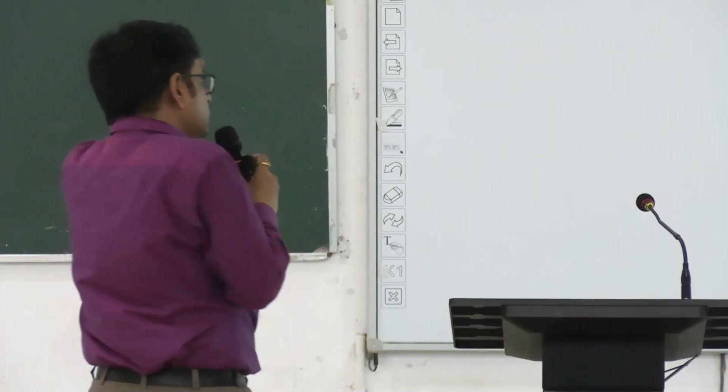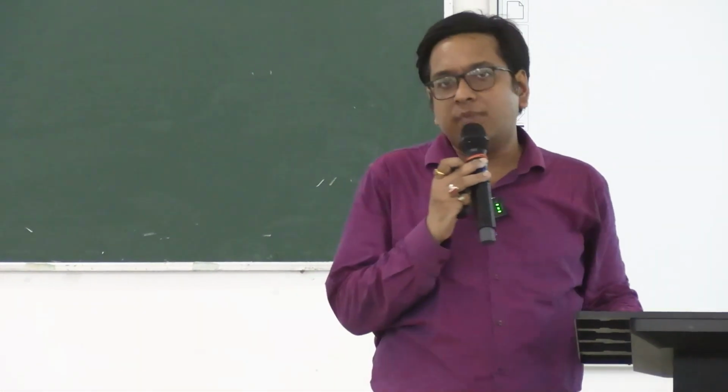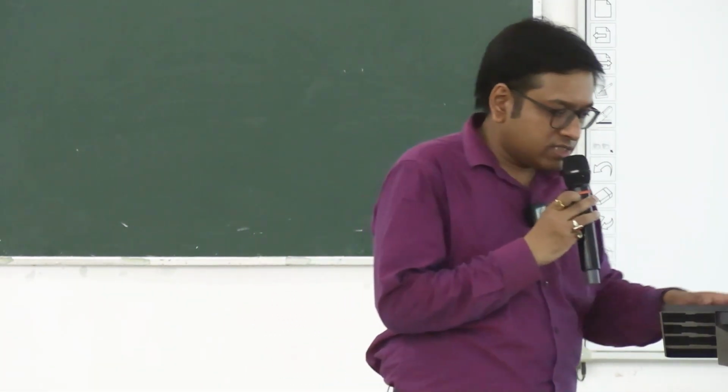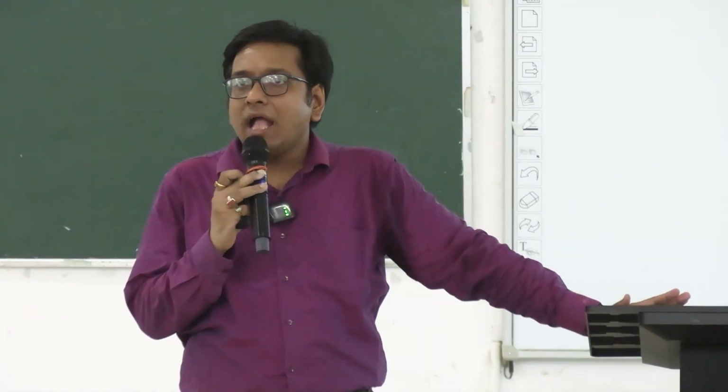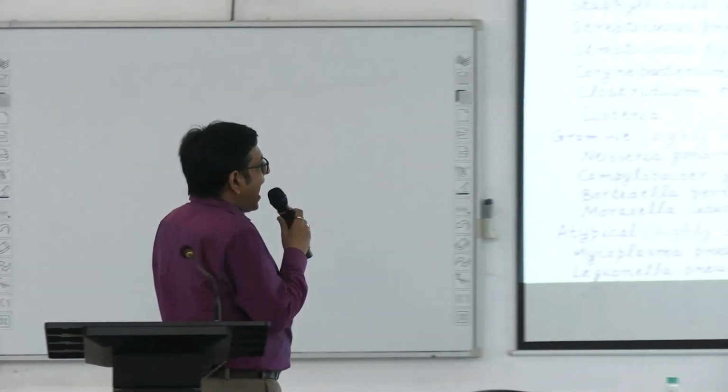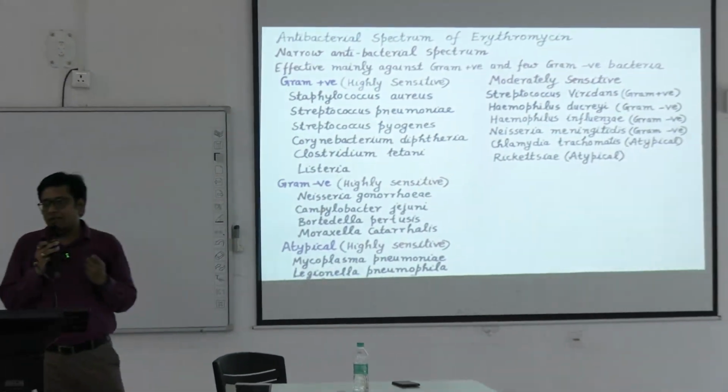But apart from these gram positives, it is also effective against some gram negative bacteria. They are written here, Neisseria, Campylobacter, remember as many as you can, but please remember erythromycin means gram positive. Another very important thing is atypical organisms, or you can say atypical bacteria, but better to say atypical organisms. What are atypical organisms?